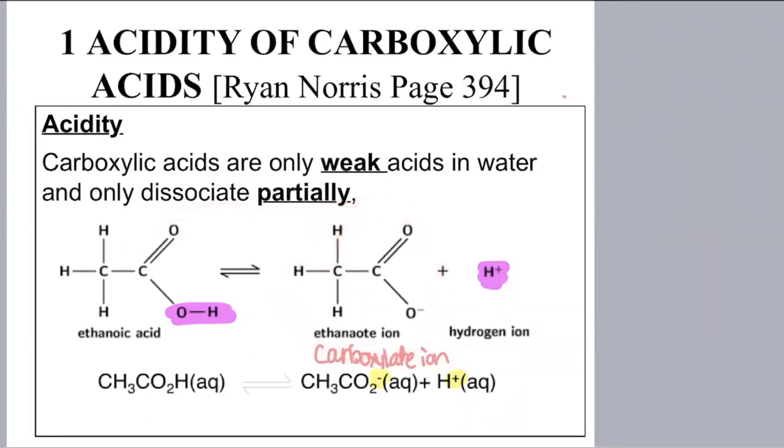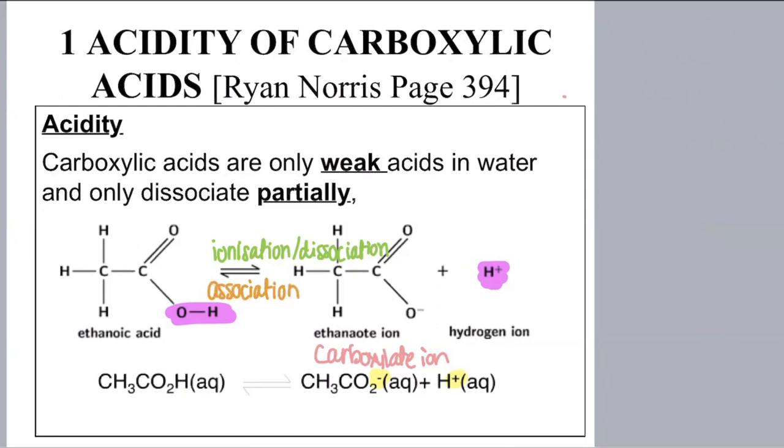If you want to label, maybe you can add forward is ionization or dissociation. The reverse is called association. And to know acidity, we want to look at whether it goes forward, more dissociation, more acidic.